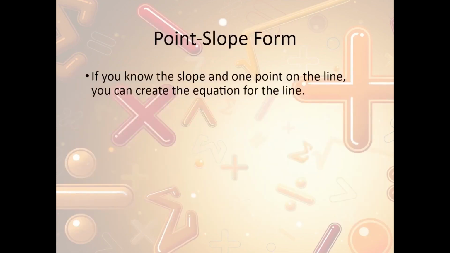Now, what is point-slope form? We use point-slope form if we know the slope and one point on the line. We can still create the equation for the line even though we don't have the y-intercept. And here's how we do it. We know that the equation is y equals mx plus b, and we plug in the slope for m.